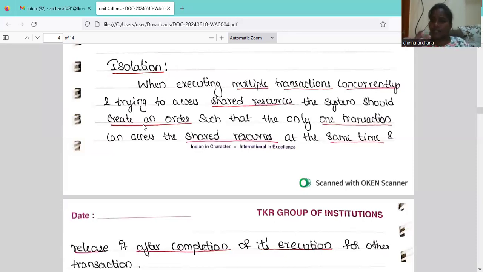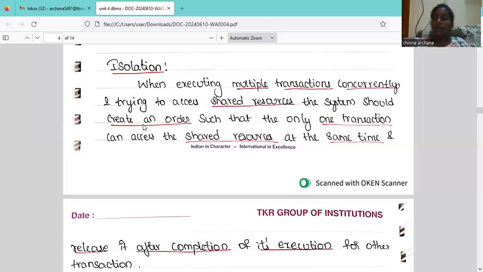There are three transactions that are executing concurrently: transaction T1, transaction T2, and transaction T3. During this concurrent execution, the task of T1 is to debit 1,000 rupees from X account.